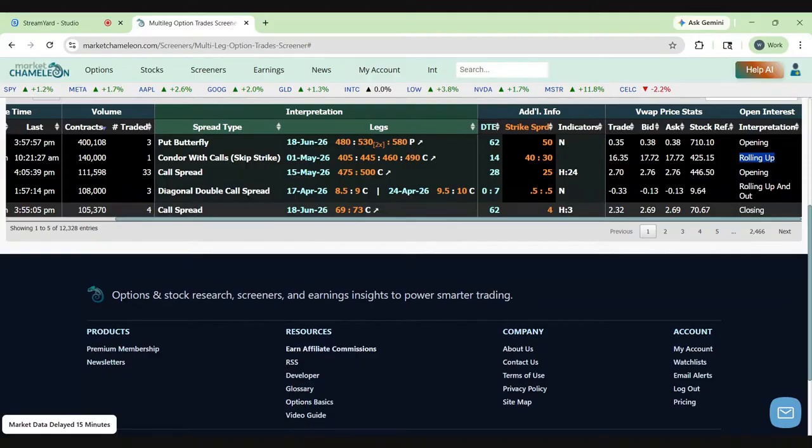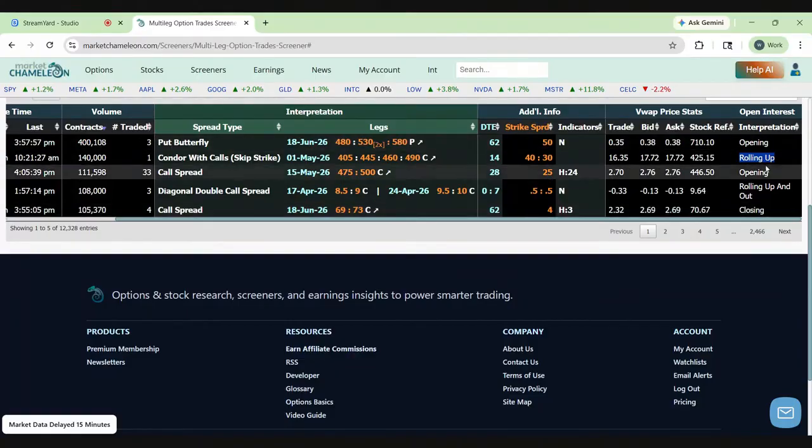What that entails is it's not a new position or closing of a condor with calls, skip strike, which is what it appeared to be at the moment of the trade, given our best information, without knowing how it impacts open interest. If we don't know what the open interest is, opening, closing, it looks like a condor with calls, skip strike. But once we get the new open interest, it says, well, this is actually a roll.